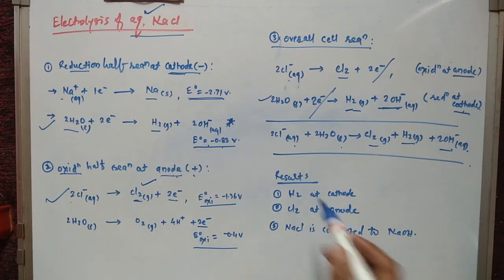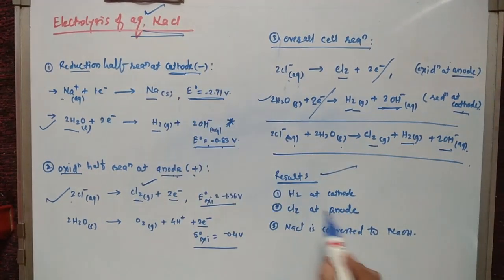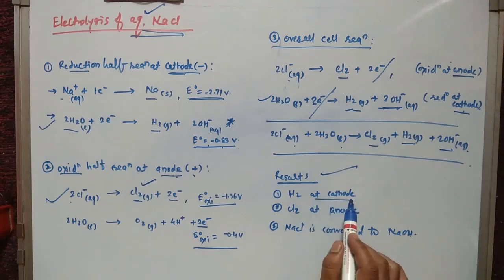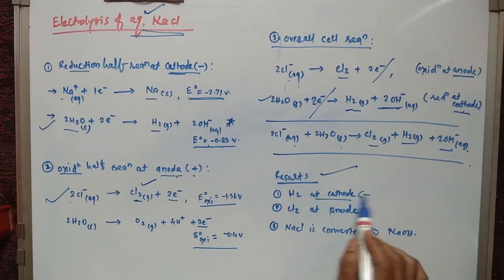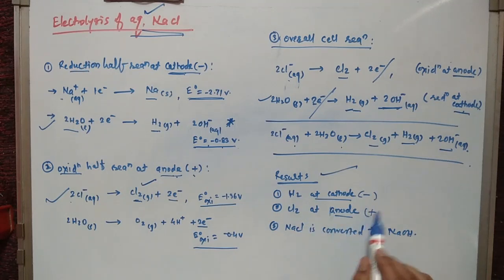Okay, now what is the result of the electrolysis of aqueous NaCl? Hydrogen gas is liberated at the cathode, the negative electrode, and chlorine gas is liberated at the anode, which is positive. And here NaCl is converted to NaOH.